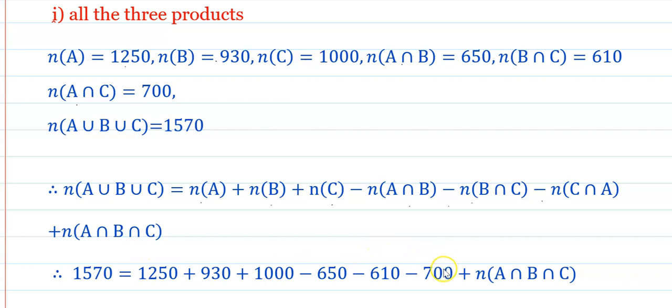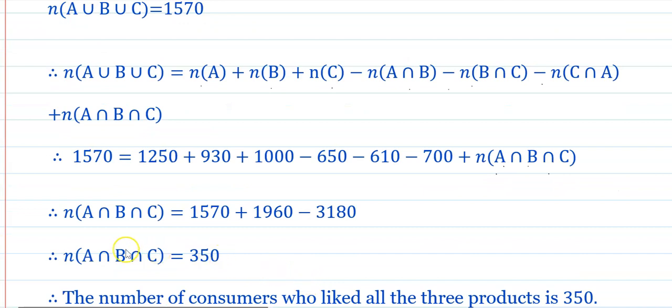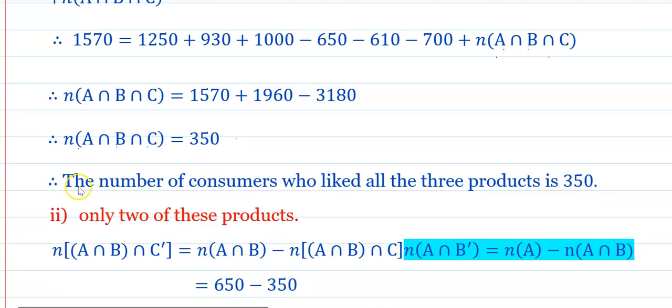Then n of A intersection B intersection C means these are the consumers who like all the three products. If you simplify this, then you will get n of A intersection B intersection C is equal to 350. Therefore, the number of consumers who liked all the three products is 350.